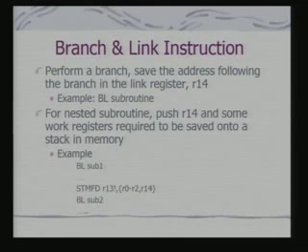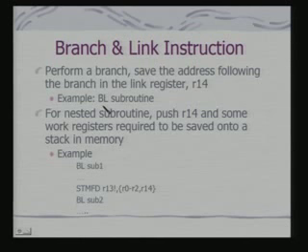Here we are showing an example: when I do a subroutine call, I use branch and link subroutine. Here I am branching to the beginning of the subroutine, and the return address, which would be the instruction following this branch, will be stored in the link register.